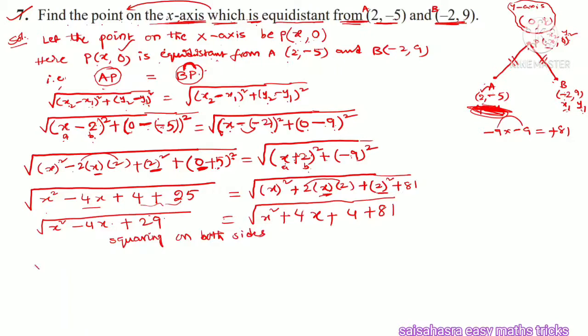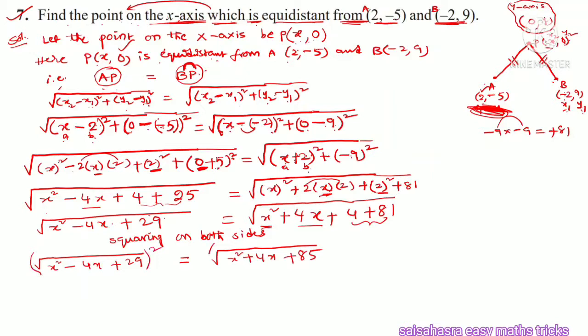Let me write it as it is: first x square minus 4x plus 29 is equal to x square plus 4x, this 4 plus 81 is directly 85. So we do squaring on both sides, left side and right side.